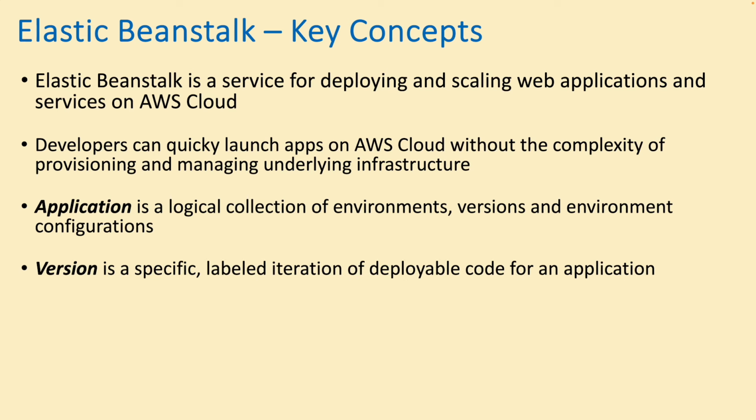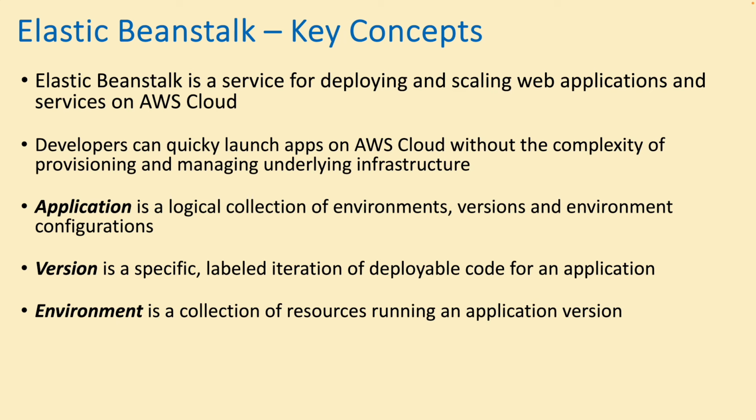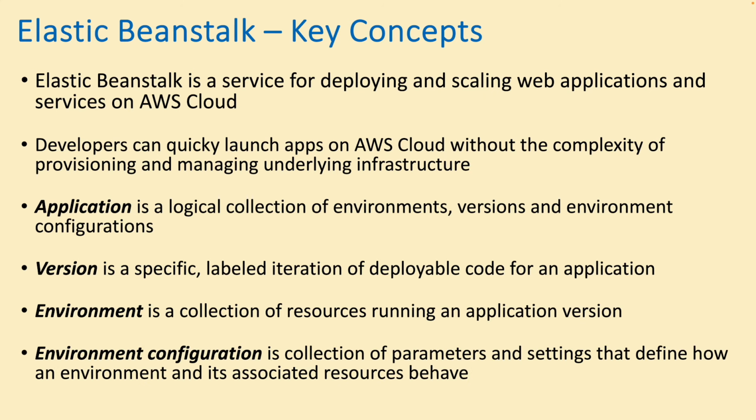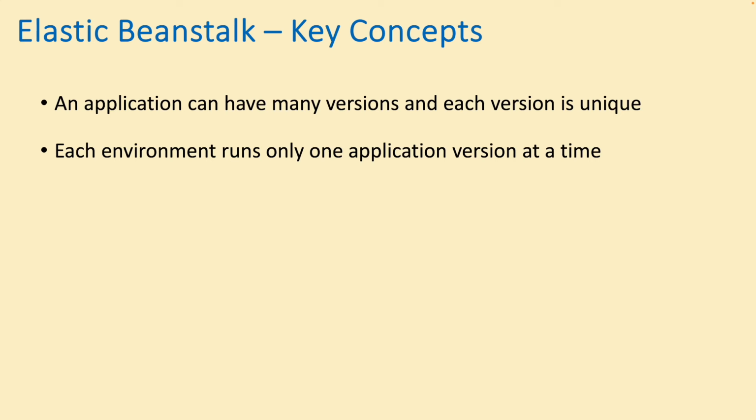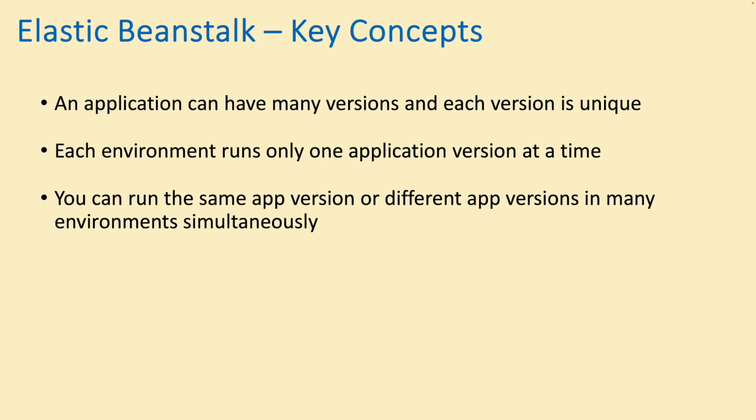A version is a specific labeled iteration of deployable code for an application. An environment is the collection of resources running an application version. Environment configuration is the collection of parameters and settings that define how an environment and its associated resources behave. An application can have many versions, and each version is unique, and each environment runs only one application version at a time. You can run the same application version or different versions in many environments simultaneously.